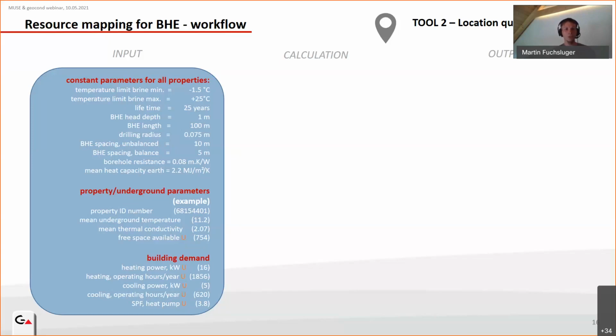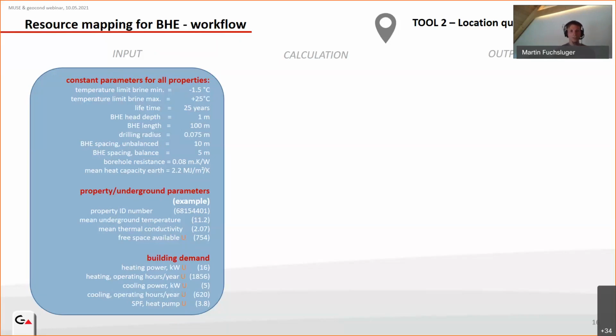And here you can also set the spacing for unbalanced and balanced use. The borehole resistance we have to set fixed, and the mean heat capacity of the earth, generally from 0 to 100 meters, is most of the time around 2 or 2.3.